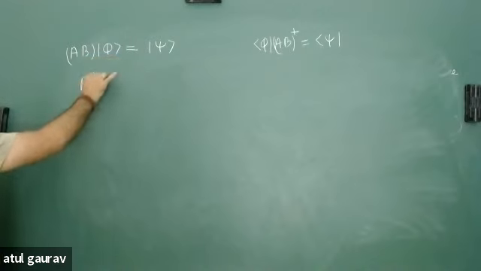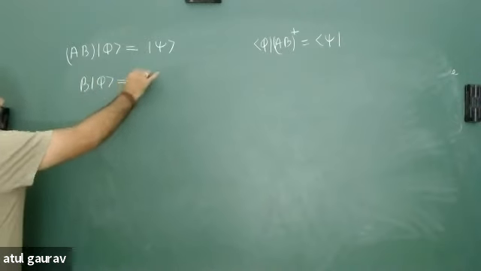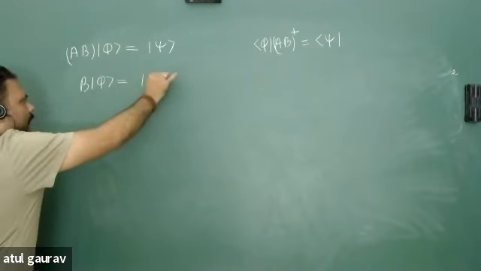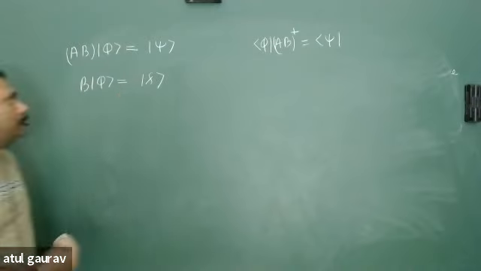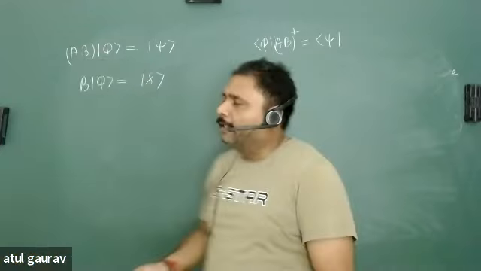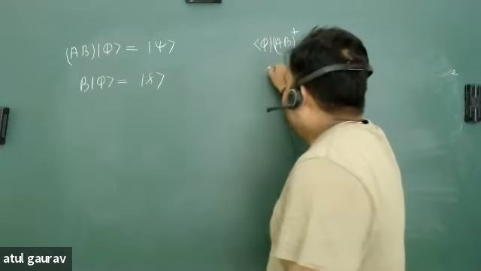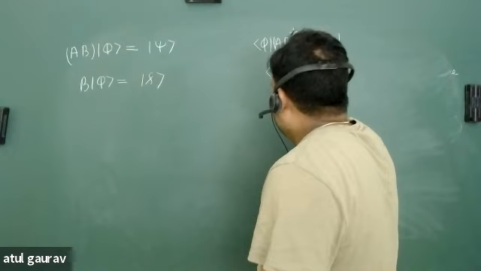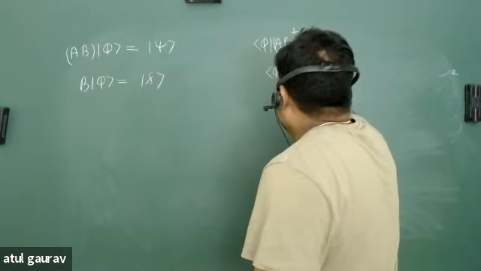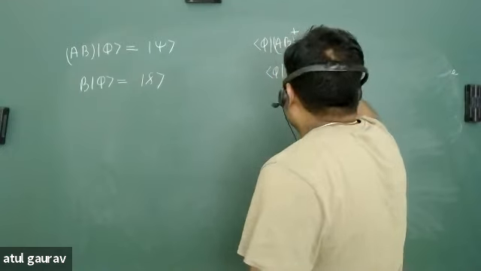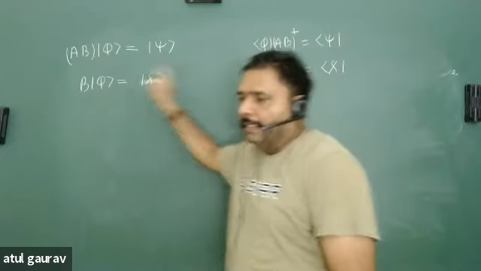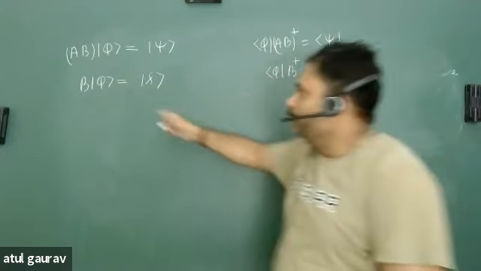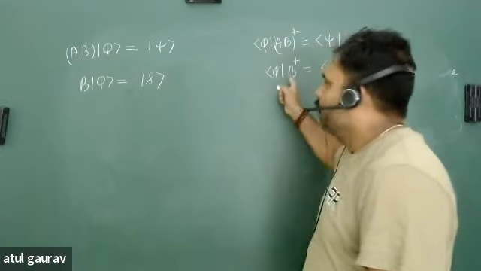So B operating on phi, let's say I get chi. What is the meaning of that? I can write phi B dagger is equal to chi bra. If this holds, it must be there.